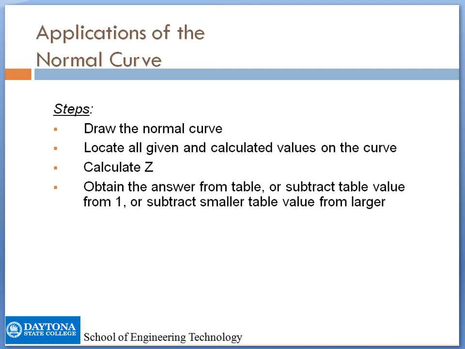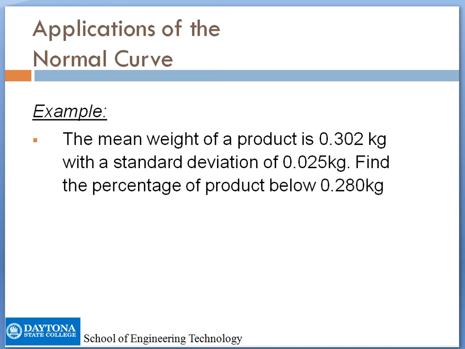For example, if we have a mean weight of a product equal to 0.302 kilograms and a standard deviation of 0.025 kilograms, what will be the percentage of the product below 0.280?